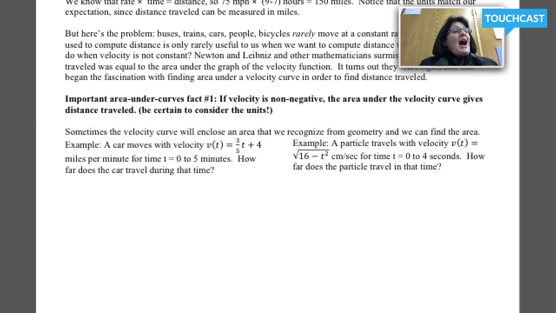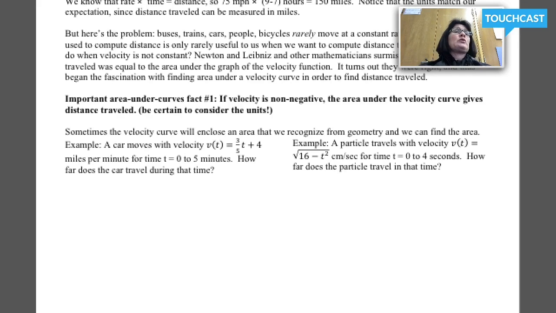Now, I won't know a way to compute all distances traveled for all velocity functions, but if I can draw my velocity function and determine what area I'm looking for, and I recognize that area from geometry, then I can use whatever geometry I know to find the area under the curve, and I can answer this question, what is distance traveled? So here are two examples.